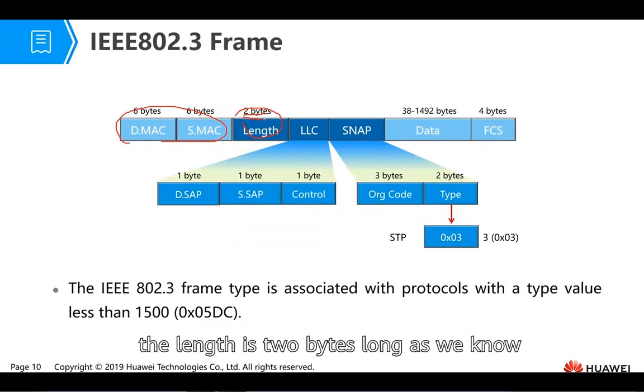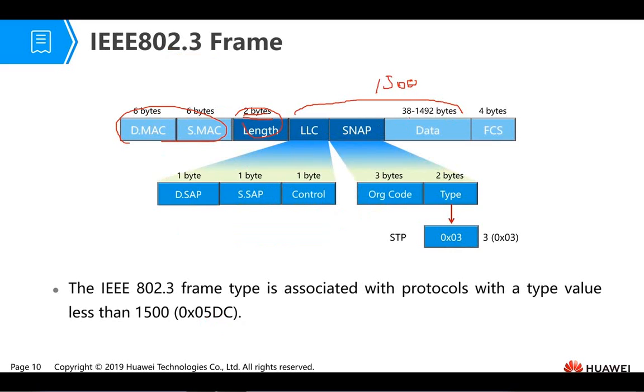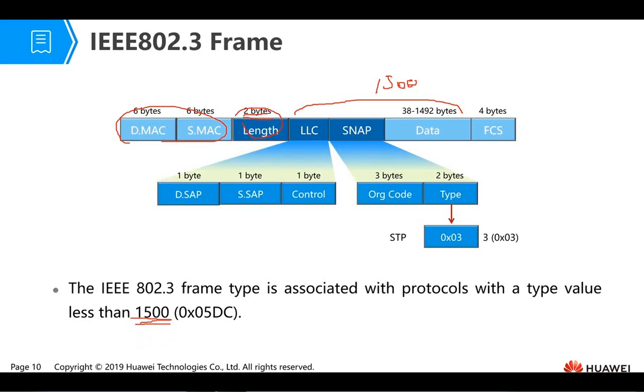The length is 2 bytes long, and as we know, this data should not be longer than 1500. So this length value should be smaller than 1500.